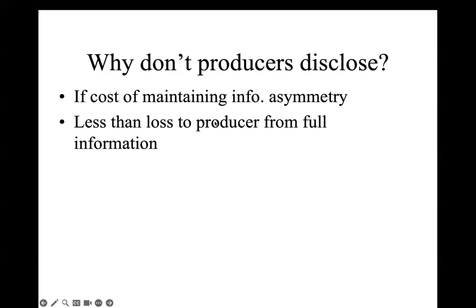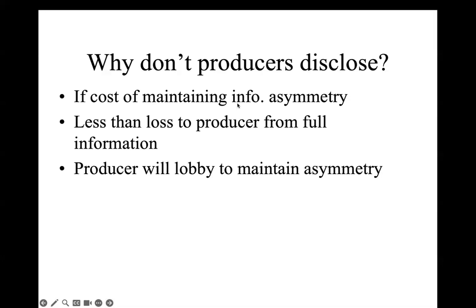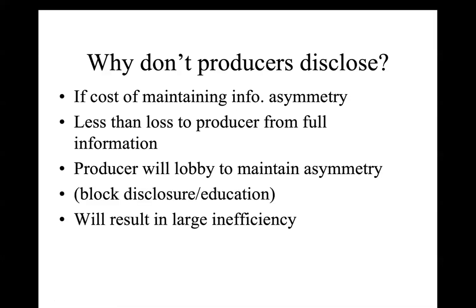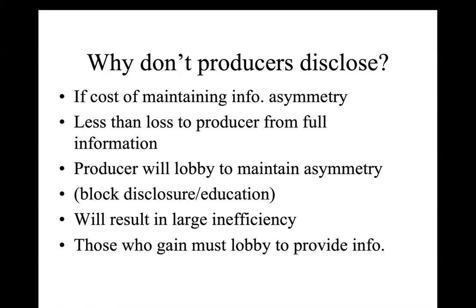But when producers choose not to disclose, it's because they have more to gain from maintaining information asymmetry. Okay. And maintaining information asymmetry obviously is going to lead to large inefficiencies. But the consumer in this case could lobby for more information, but they oftentimes don't do so because they're less resourced and organized than our producers.